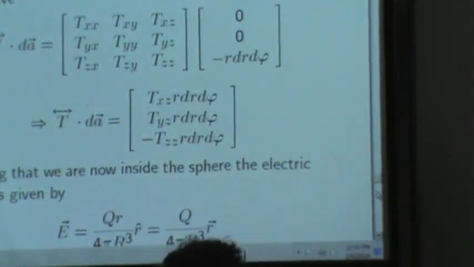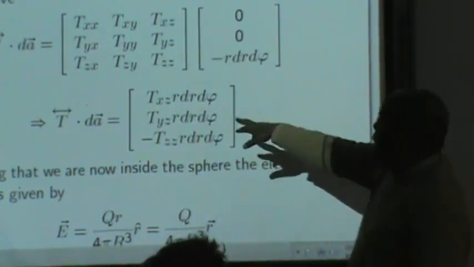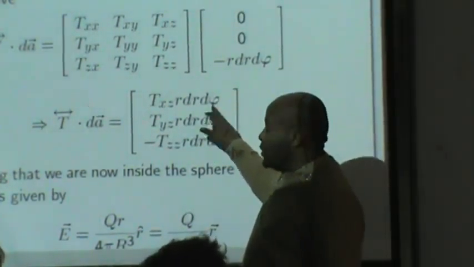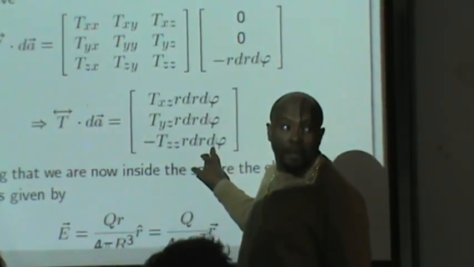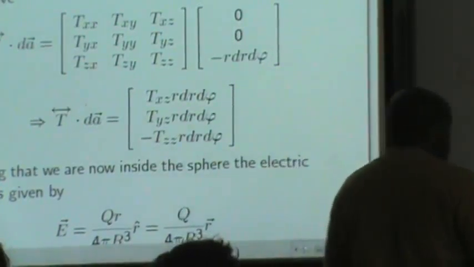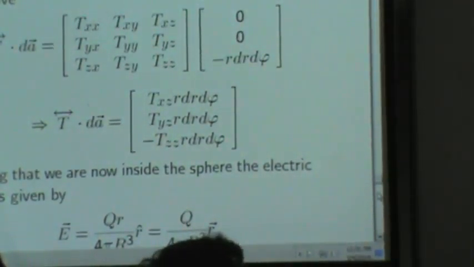So this gives you the x component of the force, the y component of the force, and the z component of the force. So what would you expect for the x and the y components?